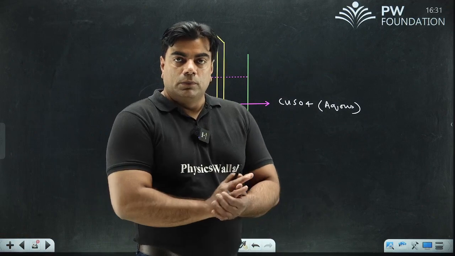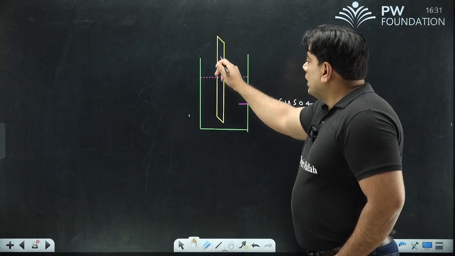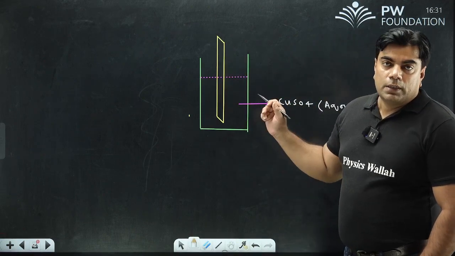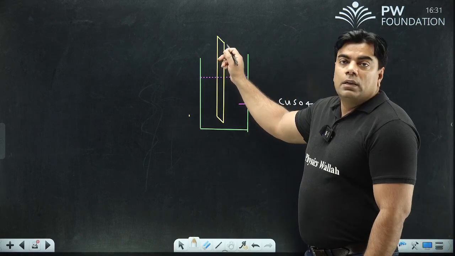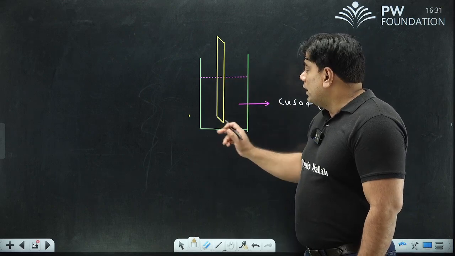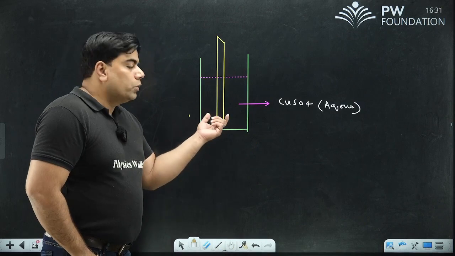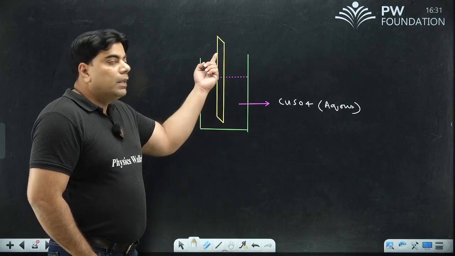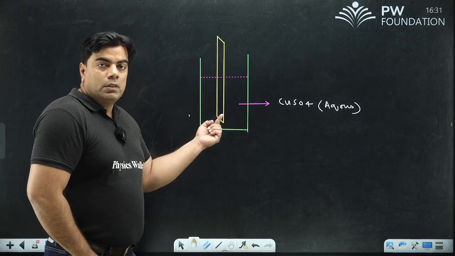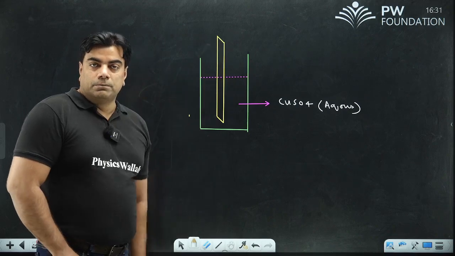Now what happens? There are two possibilities: either the copper electrode gains positive charge or negative charge with respect to the electrolytic solution. It means if the electrolytic solution gains positive charge, then the copper electrode gains negative charge, and if the electrolytic solution gains negative charge, then the copper electrode gains positive charge.